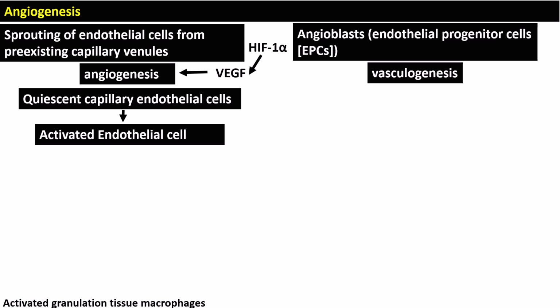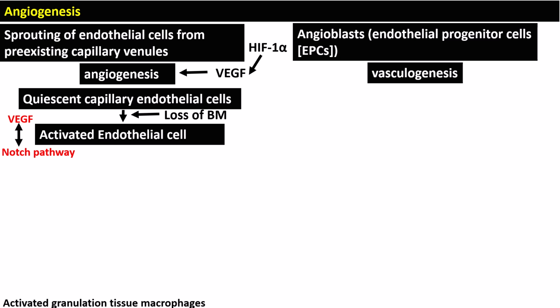And the transformation of the quiescent capillary endothelial cells to the activated endothelial cells is essential for the process to begin. And the important signaling pathway involved in this is the Notch signaling pathway that results in vasculogenesis.